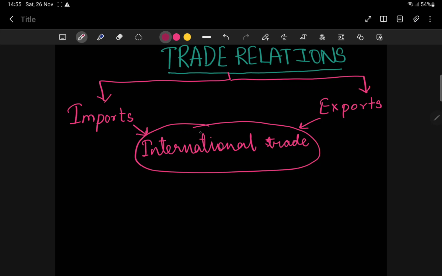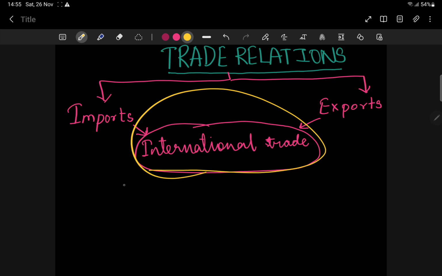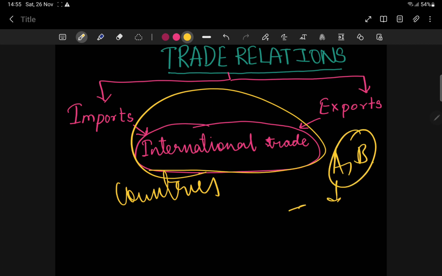So what is international trade? International trade is nothing but, if you have many countries, the trade between the countries. Just now we saw person A and B, right? This is an example of individual trade. Two persons are doing it among themselves. But coming to countries, they are very huge territories, right?